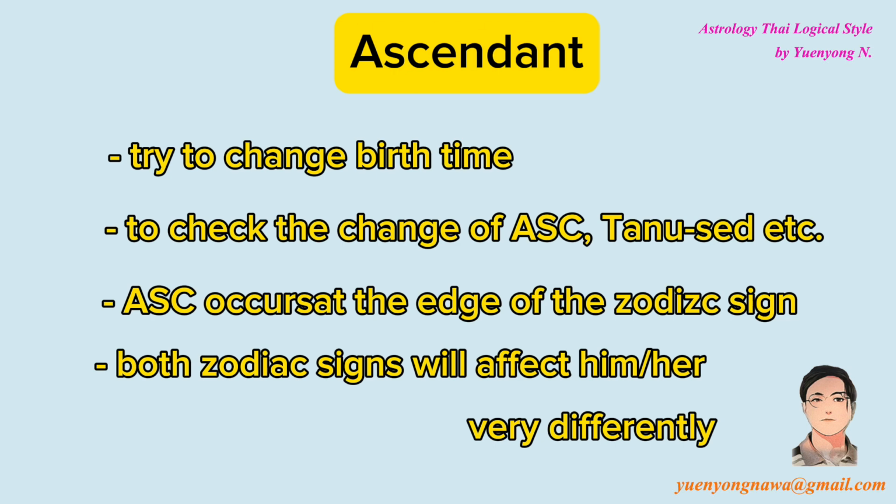Moving an ascendant, we will also change the time of birth, and Tanu said might change, or some planets could change the placement in zodiac sign. After we move the ascendant to the correct sign, we completely disconnect with the other one. There will be no mixing of two zodiac signs nor assuming to be a person of two zodiac signs whatsoever.